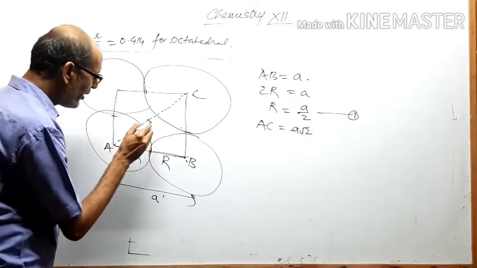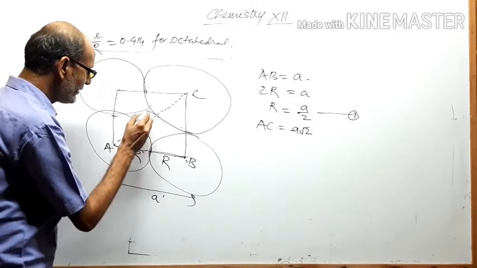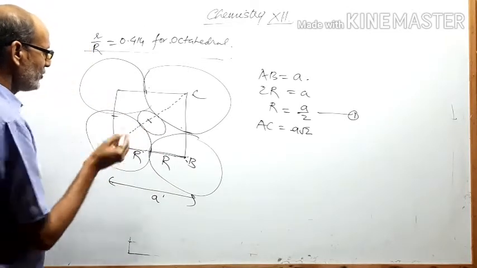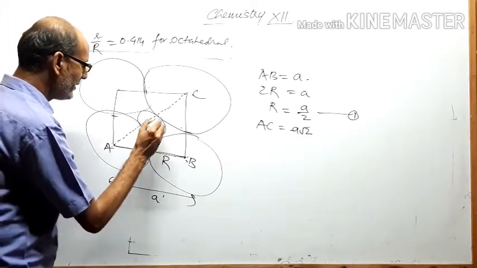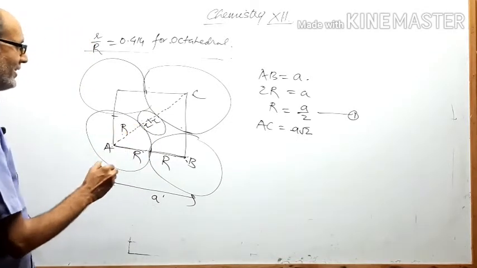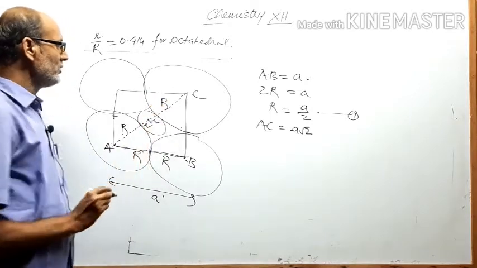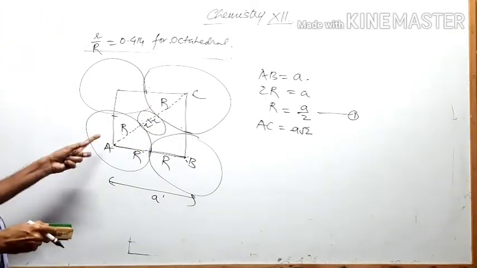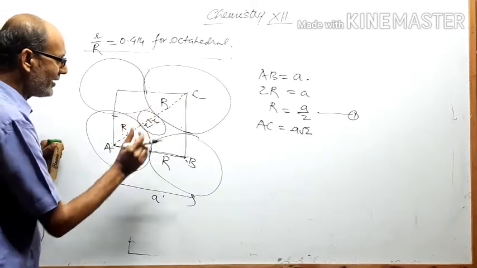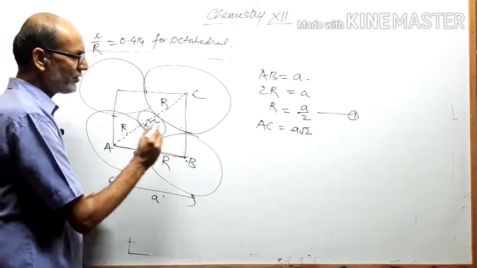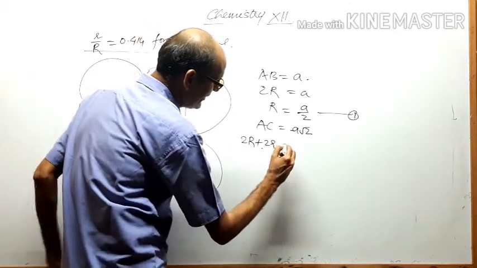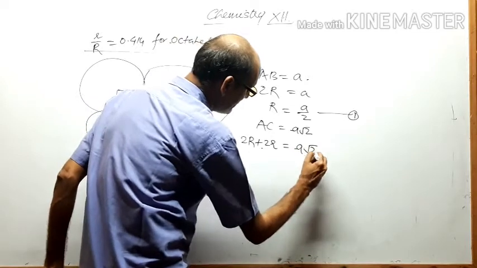If any small atom is placed which touches all these 4 atoms, if this atom has radius small r and this atom has radius capital R, so what can you write in place of AC? See here, this is R, this is capital R, small r, so you can write 2R plus 2r is equal to a root 2.